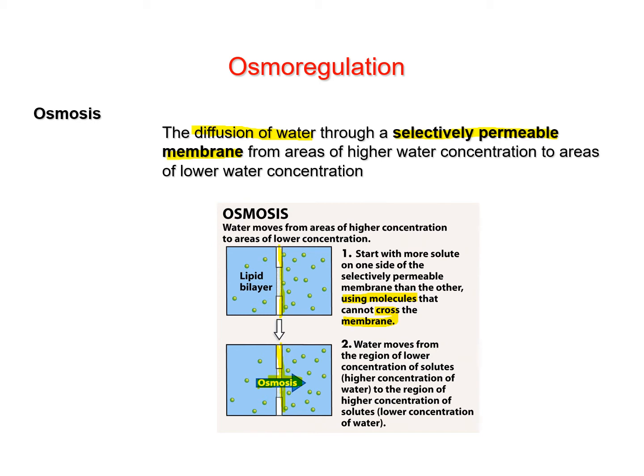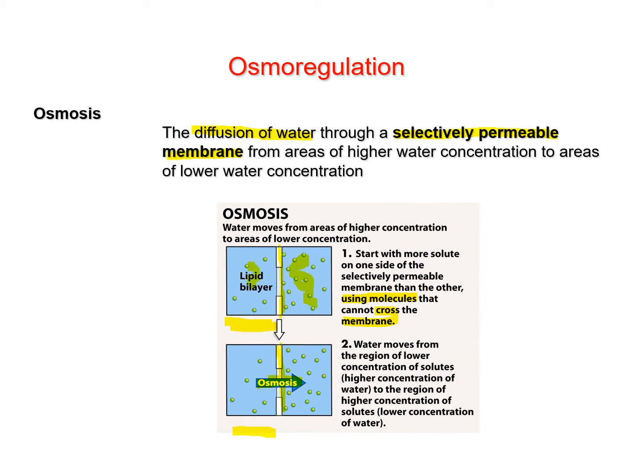And the water will move from its area of higher concentration. Here on this side, water is in higher concentration. So it moves because the solute can't move. These dissolved particles can't, and on this side there's a higher concentration than on this side.